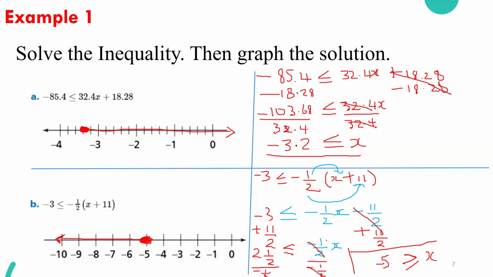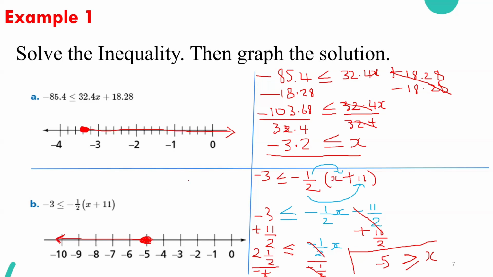We talked about the one difference between solving a two-step inequality and solving a two-step equation. The only difference is when you're using the inverse operation and you have a negative coefficient and you multiply or divide by that negative coefficient, you will have to flip the inequality symbol. As it relates to graphing the inequality, you shade the circle when you have a line under the inequality symbol.